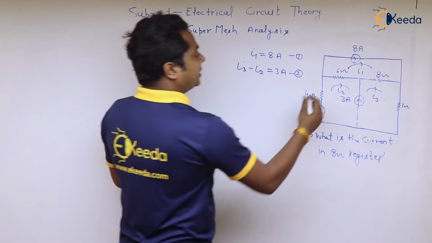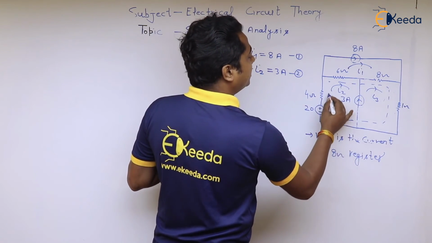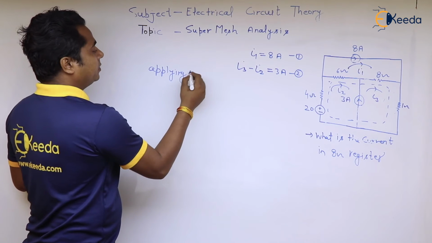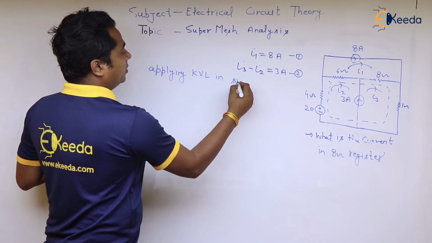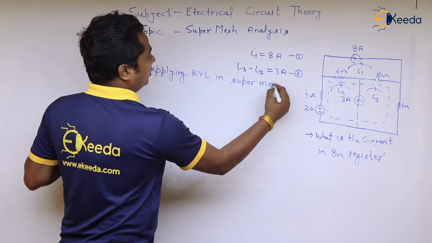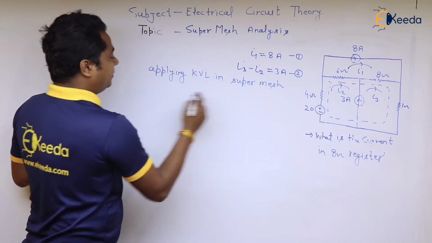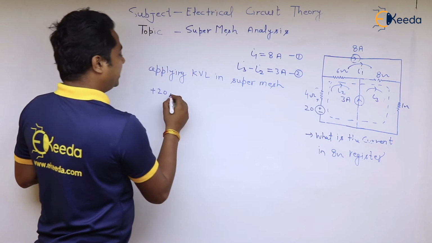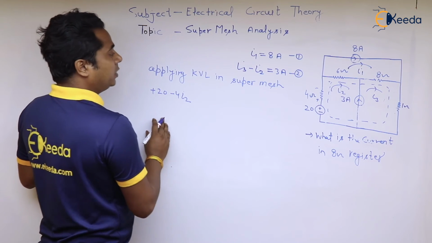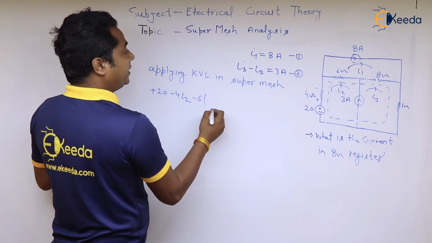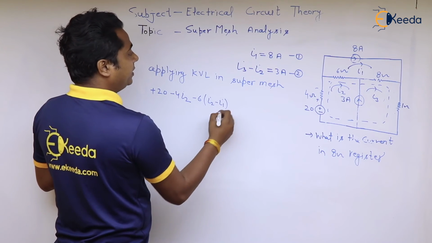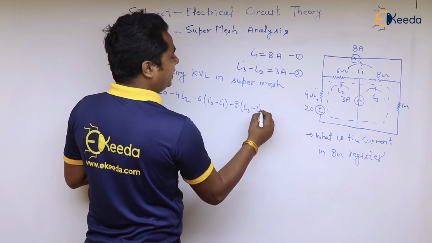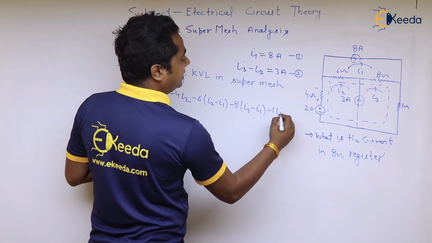Now coming to the super mesh. This is your super mesh. So applying KVL in the super mesh: minus plus 20 plus minus 4 into I2 minus 6 into I2 minus I1 minus 8 into I3 minus I1 minus 1 into I3 is equal to 0.